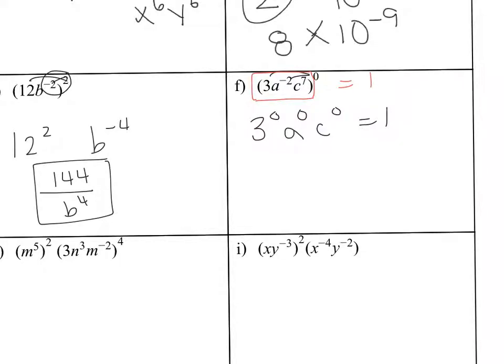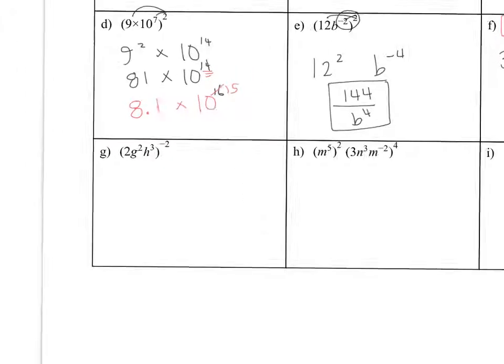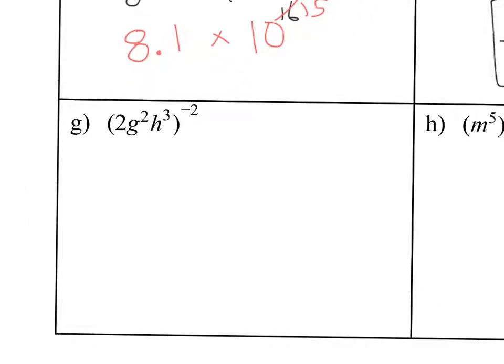And then G, I'm going to take each thing to the negative 2 power. So there are two ways that you can do this. You can put this all in the denominator right off the bat, like this: 2g squared h cubed, squared.